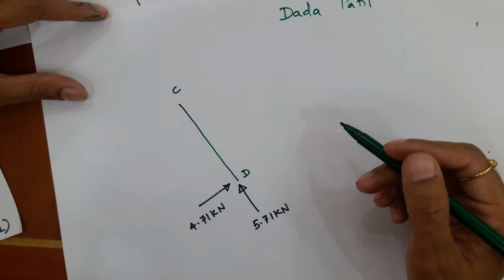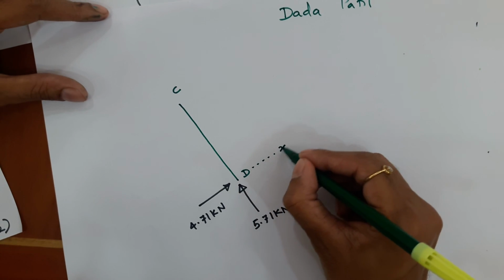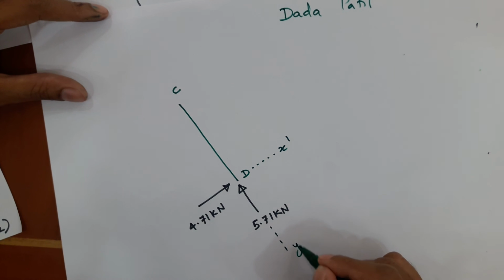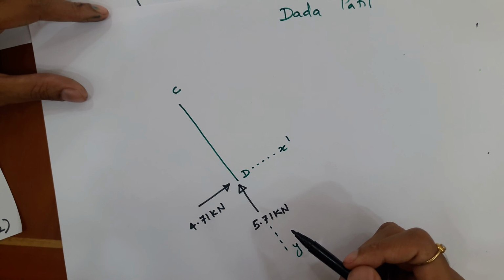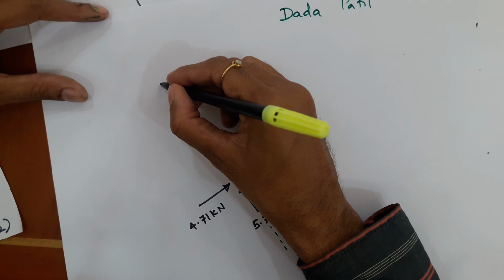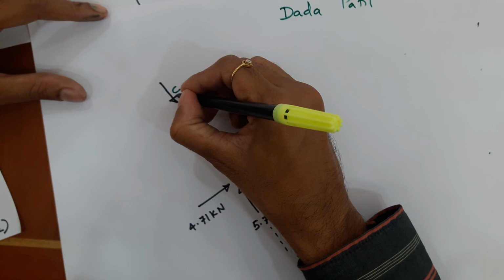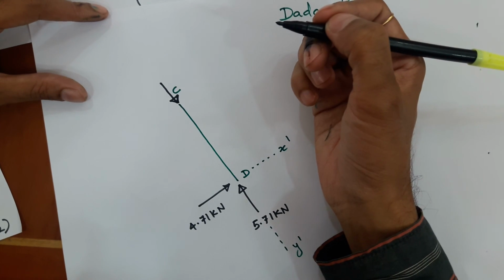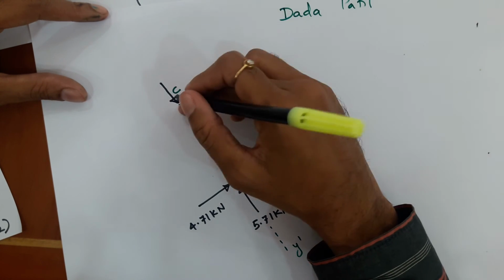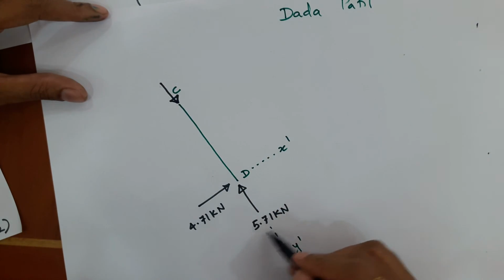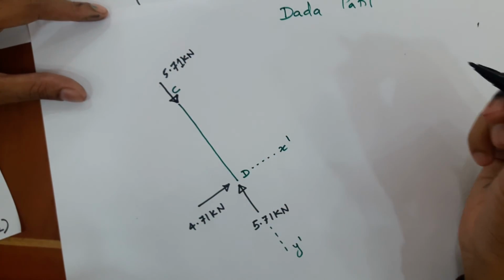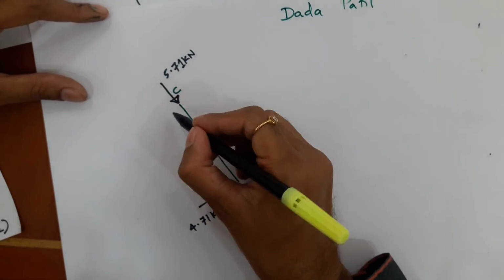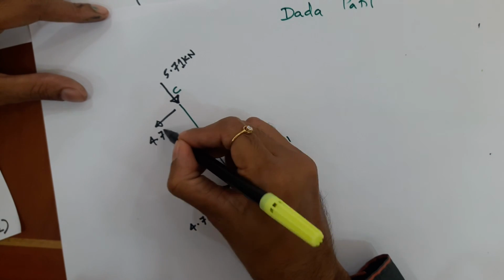Again we know a simple rule that if I consider this as x dash axis and this as y dash axis, 5.71 is going in the upward direction. Therefore for summation of Fy dash to be 0, obviously the internal reactive force offered by part CBA to part CD at C must be equal and opposite to this. So 5.71 kilonewton. Similarly, if this is 4.71, here it must be 4.71 kilonewton.